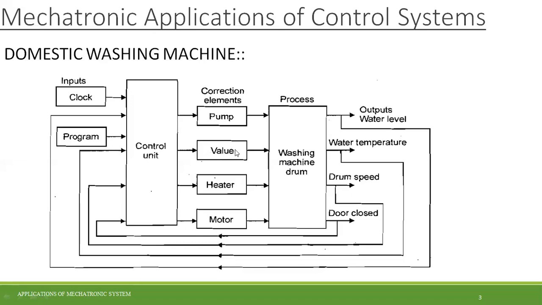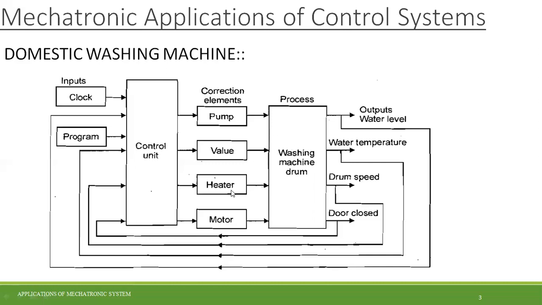Simultaneously, the valve operation, that is opening and closing, is on a time basis, until the sensor gives the feedback that the drum has acquired a sufficient amount of water.